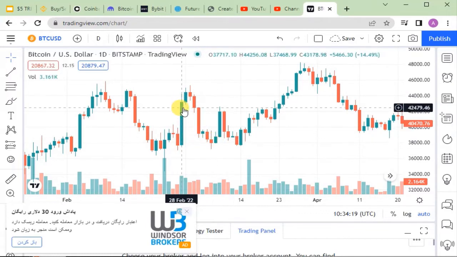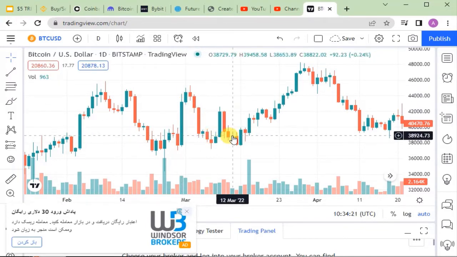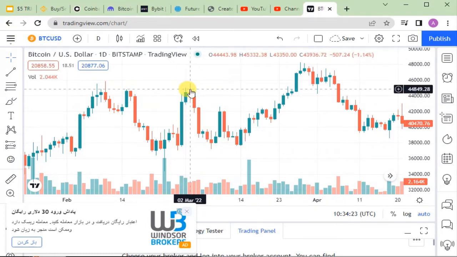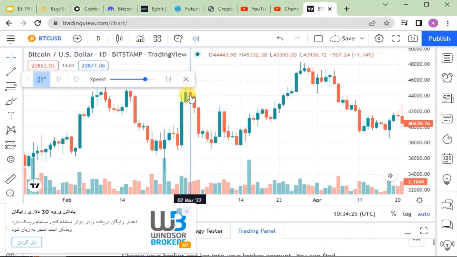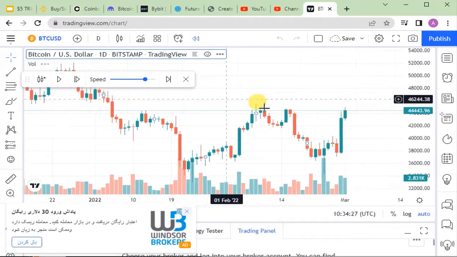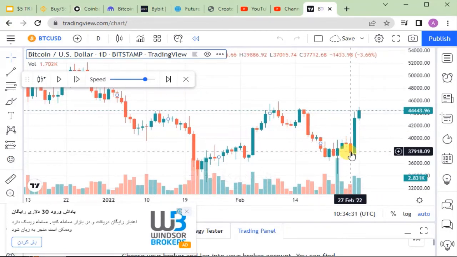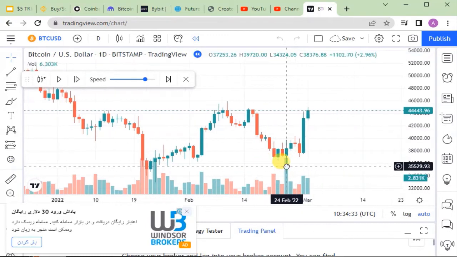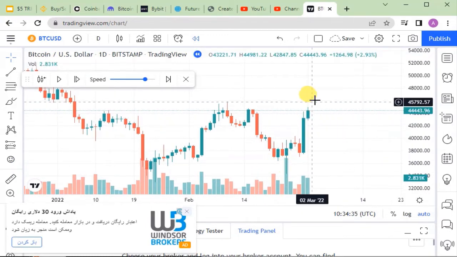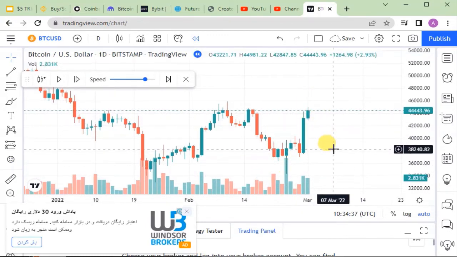So I will use my buy limit order. From my forecast and fundamental analysis, I discovered that this market that has gone up will soon come back towards this point.